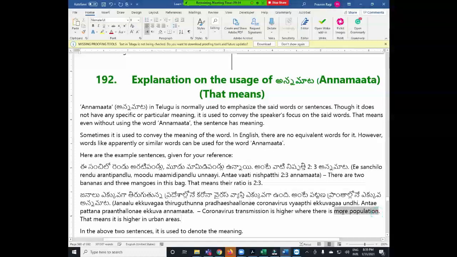So more population means ఎక్కువ జనాభా, but here we use like జనాలు ఎక్కువగా. What else we used here? We used a word తిరుగుతున్న means like roaming also we can use here.